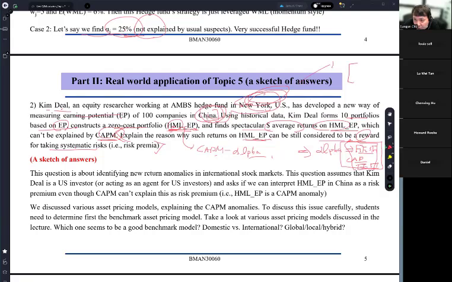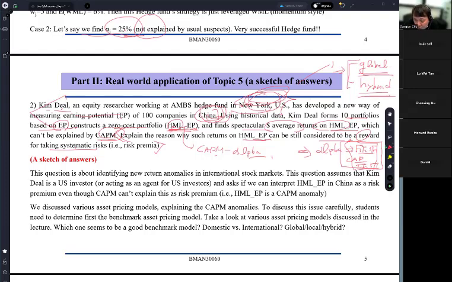So at least you should use either a global model or a hybrid model. If you use a segmented model, that is kind of weird because the segmented model means you are not allowed to invest into a foreign country. But here, the question says Kim Deal is going to invest into China. So the right asset pricing model benchmark should be global or hybrid.